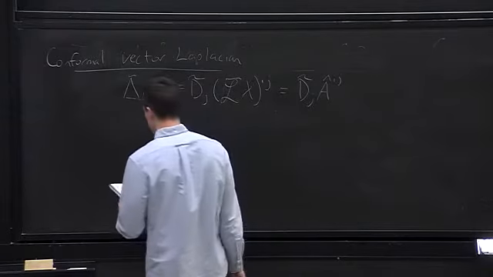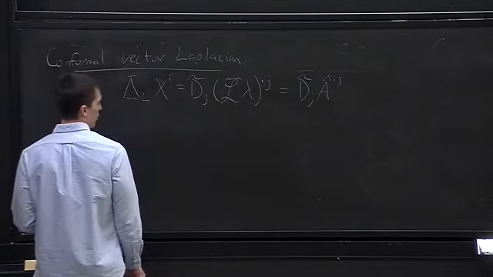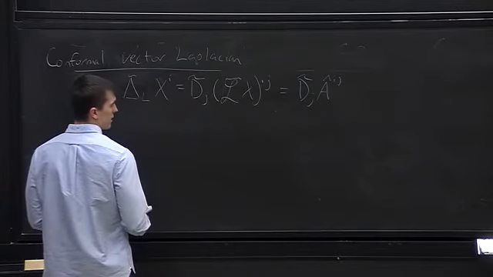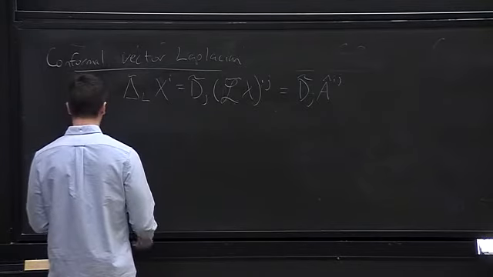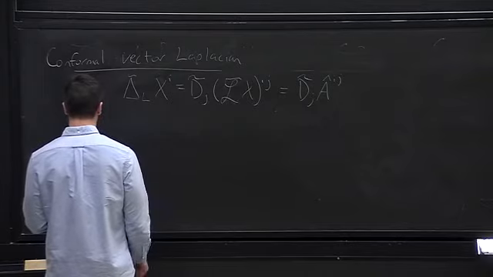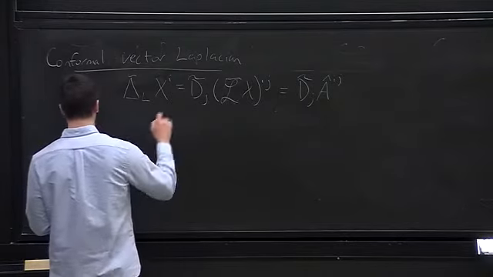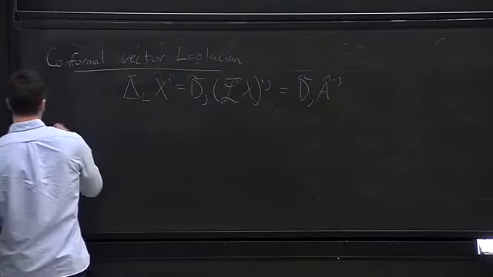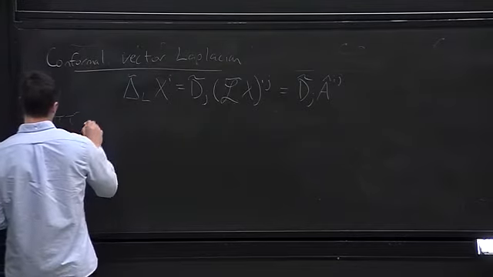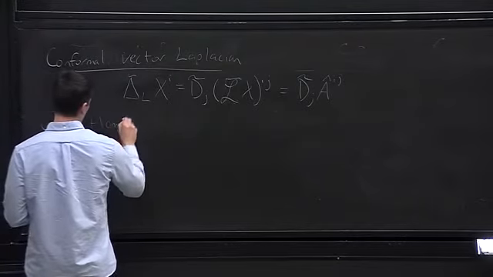So if we plug this in, we're beginning to have some elliptic-looking equations. So let me just rewrite the Hamiltonian constraint using this. So in our conformal transverse traceless form, the Hamiltonian is this.